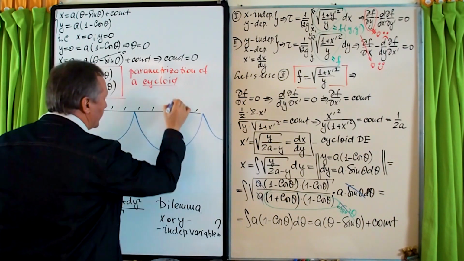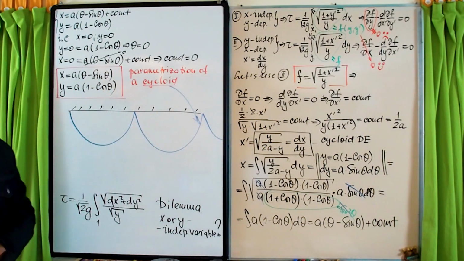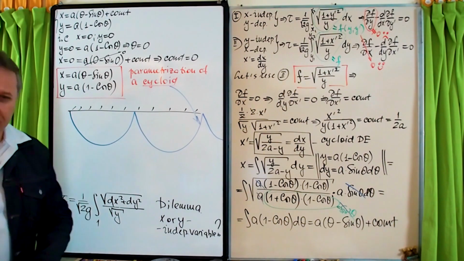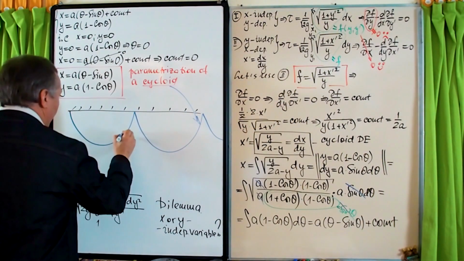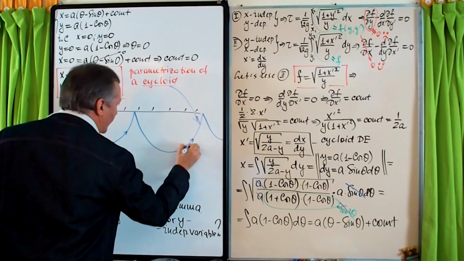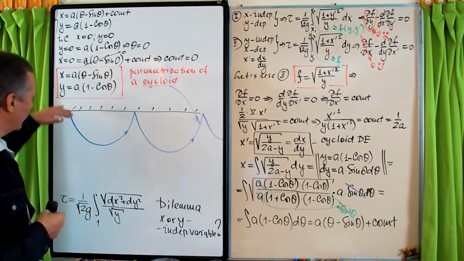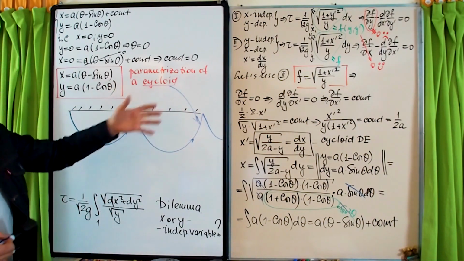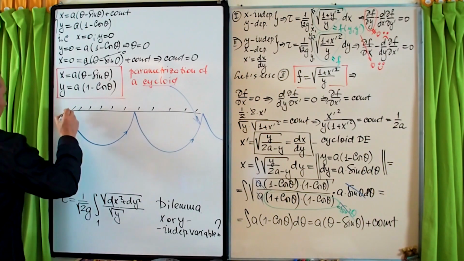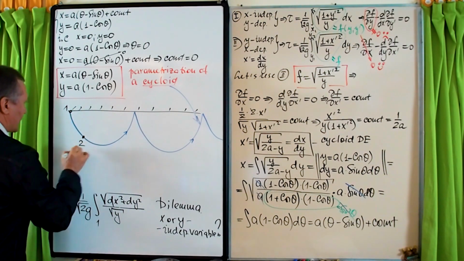So that's a cycloid. Of course, it's a very rough sketch, right? But that's the cycloid, and the point moves that way, and also that way. In our case, our point 1 was here, and point 2 was somewhere here.